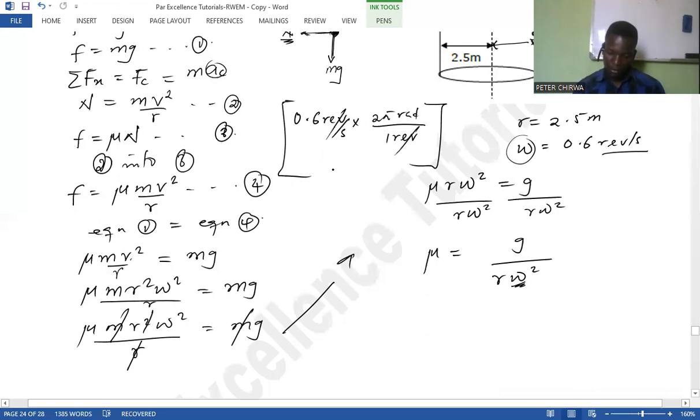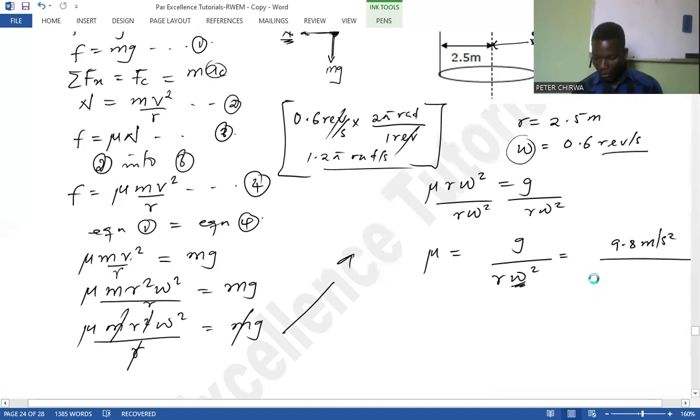So what I'm going to have is 1.2 pi rad per second. I can substitute 9.8 meter per square second over a radius 2.5 meters and 1.2 pi rad per second, this is squared there.